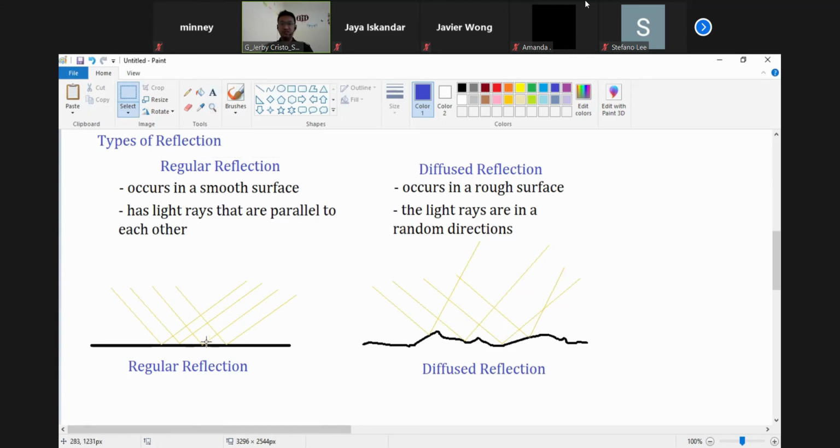Let's say you look at the surface. If the light rays reflected by the surface are parallel, what do you see in the surface? How do you describe the image? Clear image. Yes, it produces a clear image.